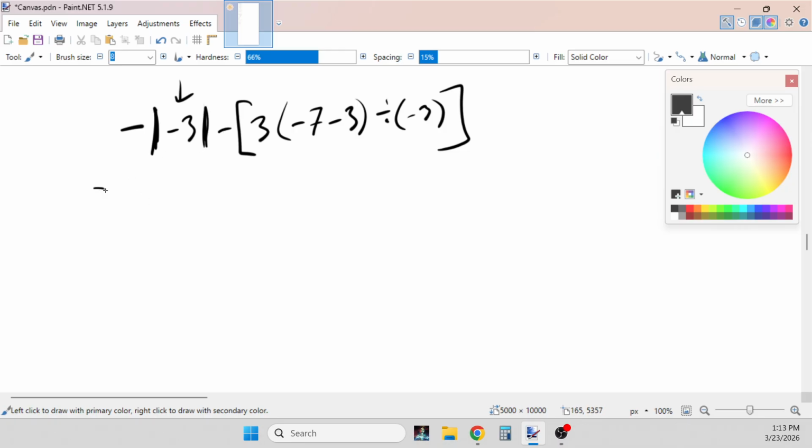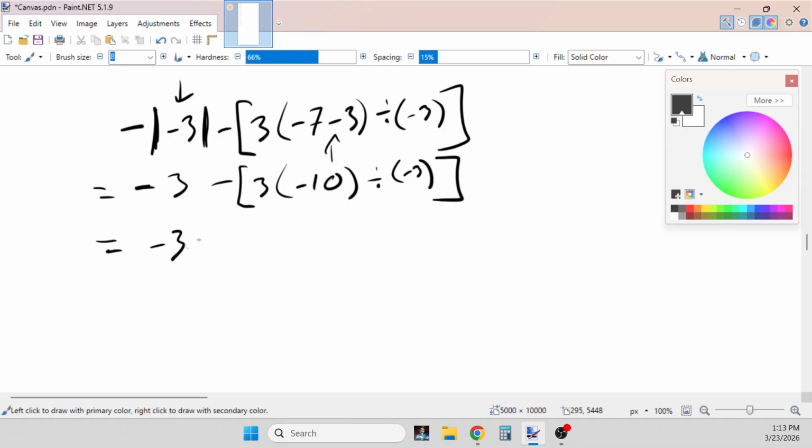The absolute value of -3 is +3. Then we attach the negative sign to it. Inside these parentheses, we have these parentheses. Do those first. -7 minus 3 is -10. 3 times -10 is -30.